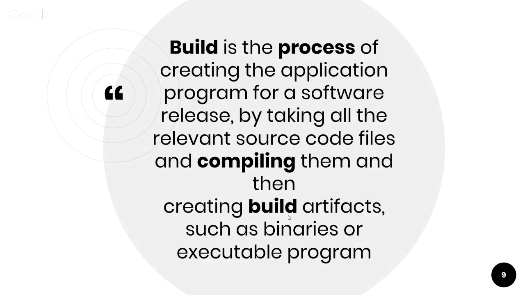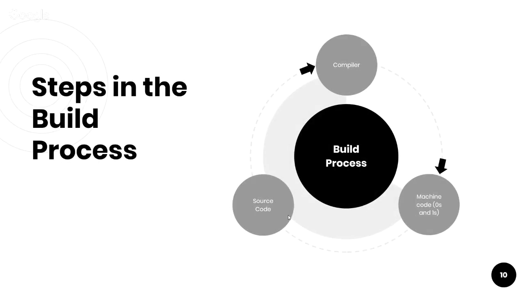Okay, so I find this definition a bit overwhelming at first. Let's go through the definition step by step. Here we can see the whole build process. Notice it starts here with our source code.